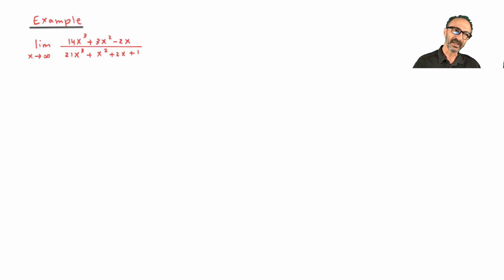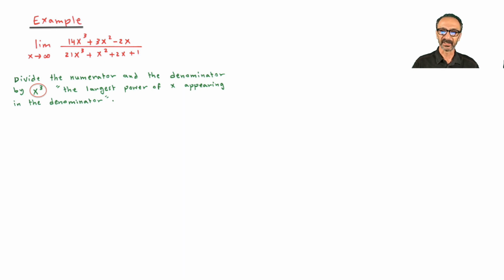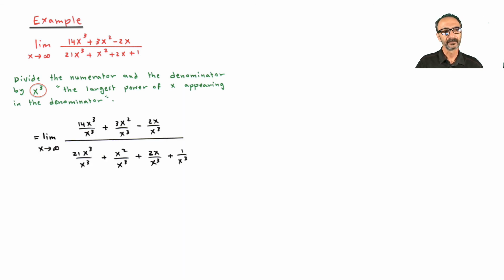One more. We're going to divide by x to the third, and I gave you another comment. Same power, leading terms, leading coefficients, and you're done. But let's just take a look at the steps. We're going to divide by x to the third, the largest power of x appearing in the denominator. Those are the steps.